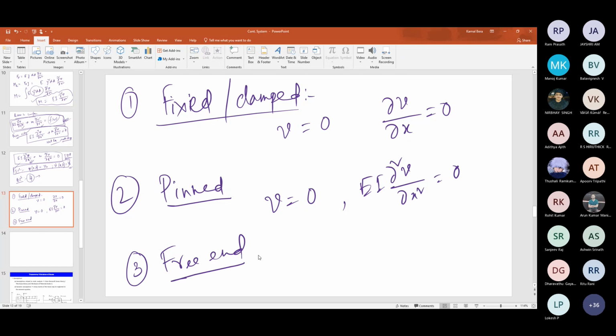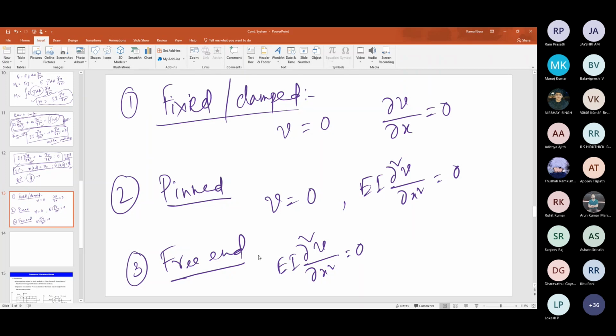Number 3, the free end. What will happen at the free end? V is not equal to 0, and EI ∂²V/∂x² equals 0. What is 0? Moment, sir. The moment will be 0, and nothing else is there at the free end.